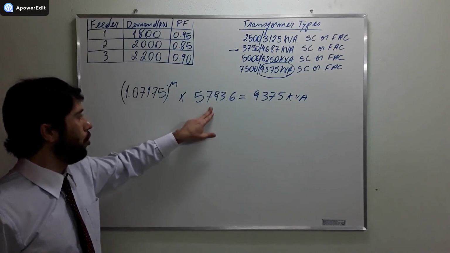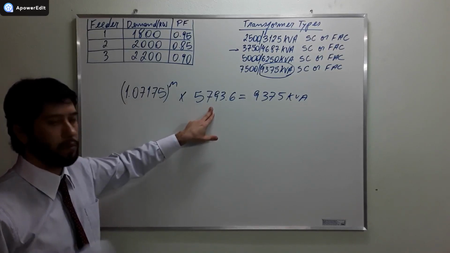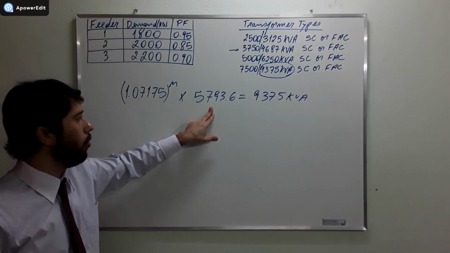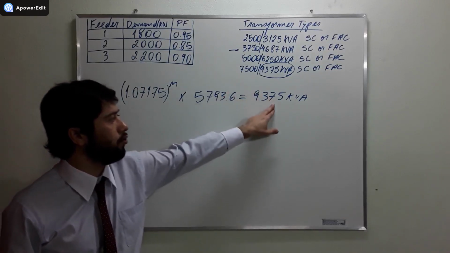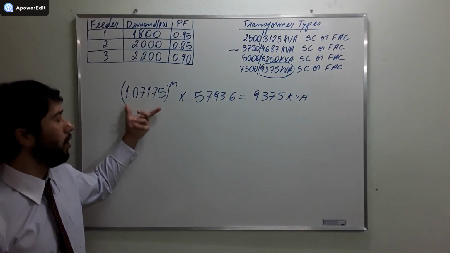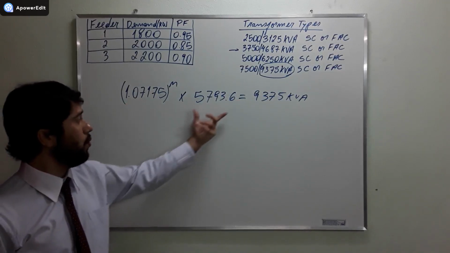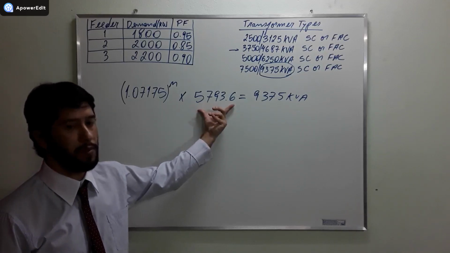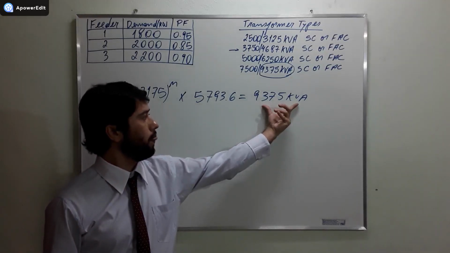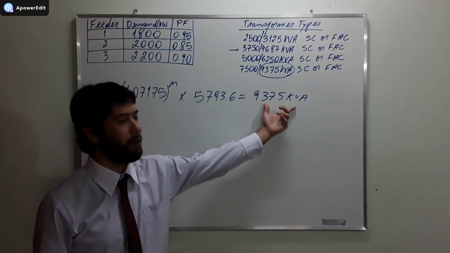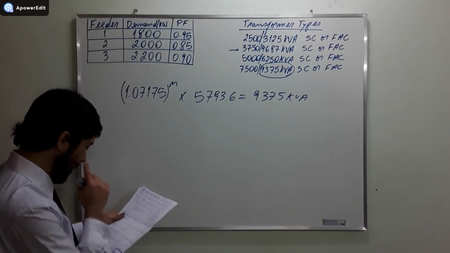We want to know in how many years or how many months, how long will this get to this, based on this load growth of 7%. I want to know how long will it take for this maximum demand to reach the maximum apparent power of the transformer.